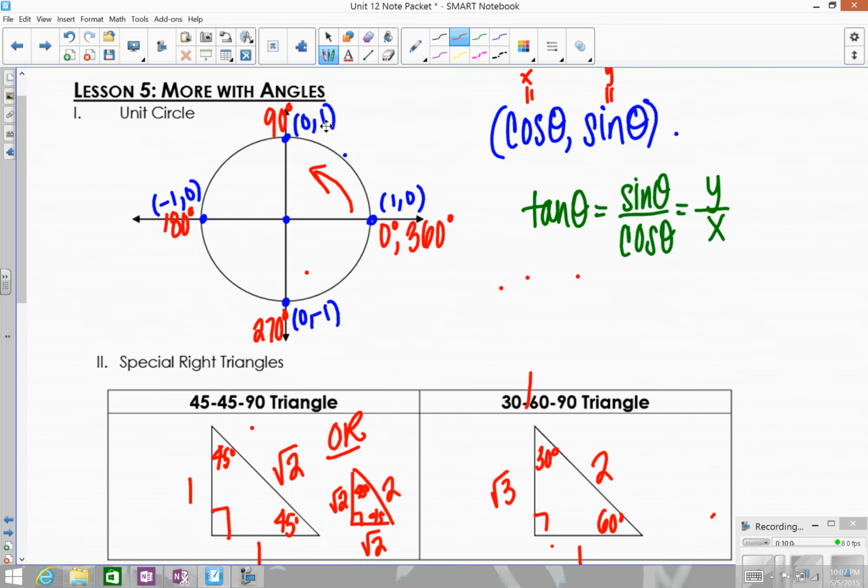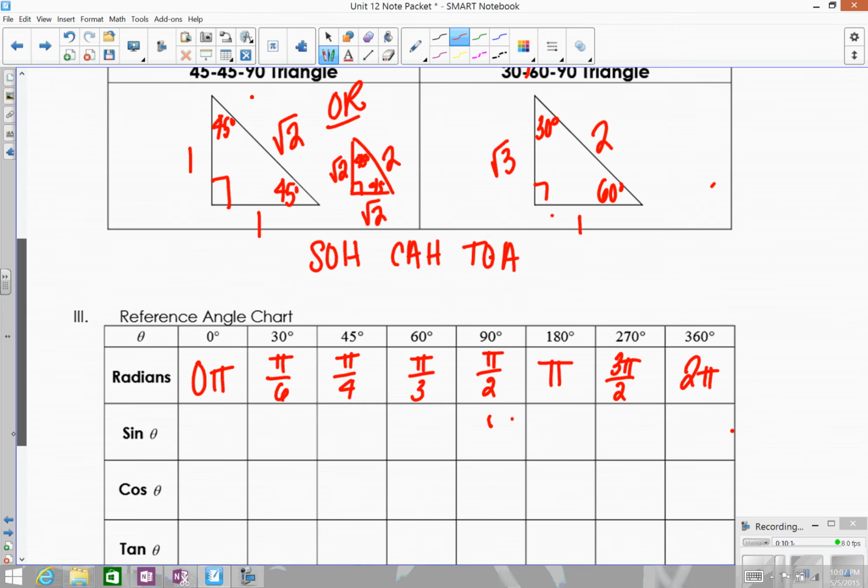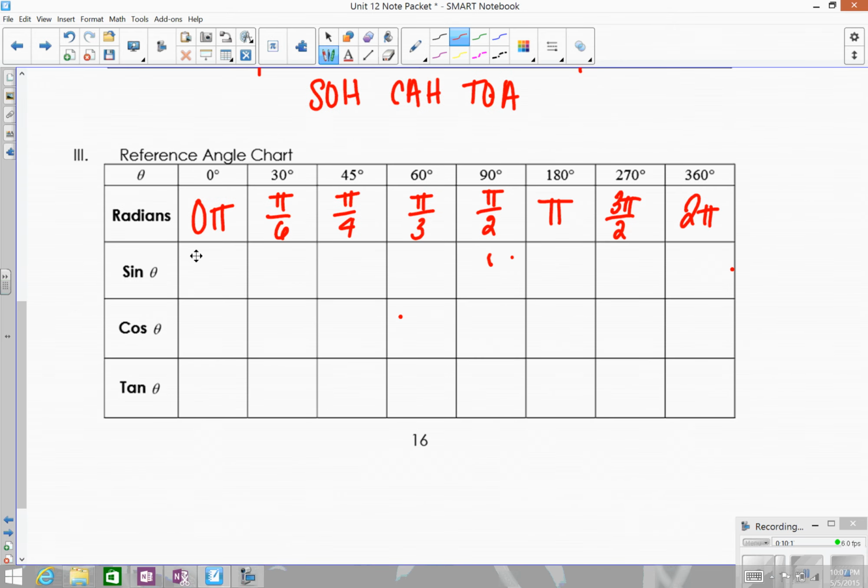Sine of 90 is going to be 1. Sine of 180 is going to be 0. Sine of 270 is going to be -1. Sine of 360 is going to be 0. So let's go ahead and fill that in. So we have 0, we have 1, 0, -1, and 0. So I just get those from the y values up above.